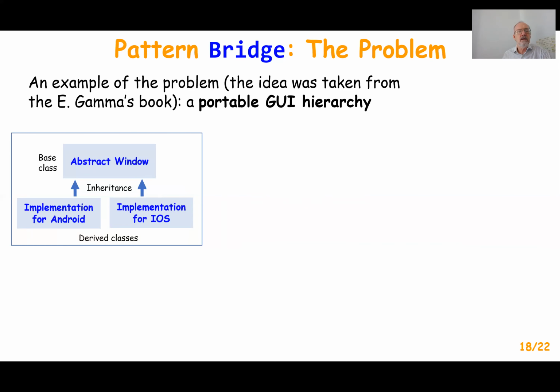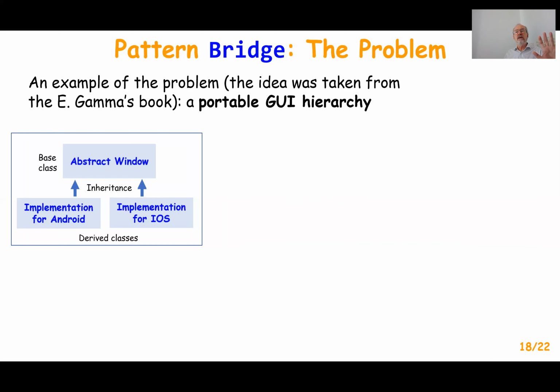Here it is an example with Android and iOS. The direct way of doing that is to introduce an abstraction, for example, window. Window is a kind of basic abstraction in any GUI, and we define two derived classes that contain implementation for Android and for iOS and for any other platform.